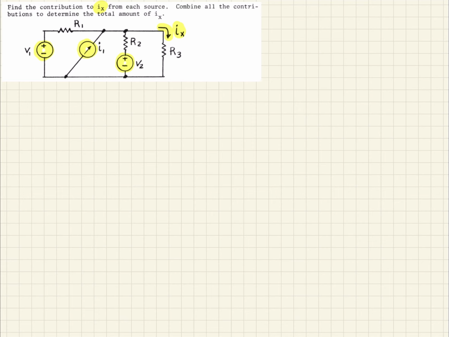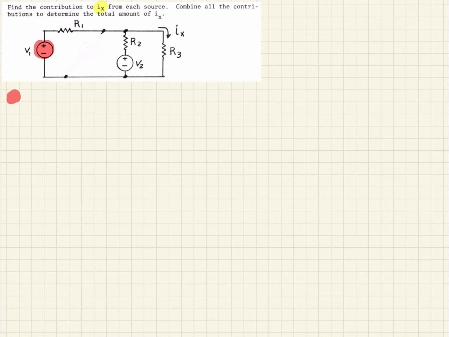So the first thing we do is we pick one source that we're going to consider. So we'll consider V1. And remember, when we do superposition, once we pick the source that we're considering, any current sources other than the one we're considering, we open circuit, and voltage sources other than the one we're considering, we short circuit. So that being the case, this current source would be open circuited.